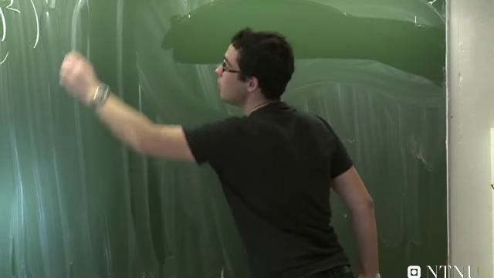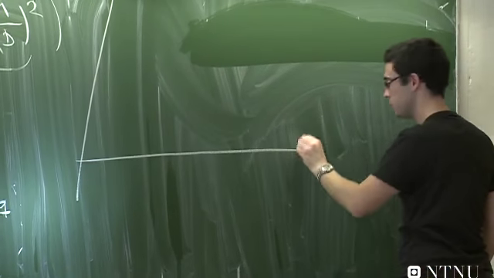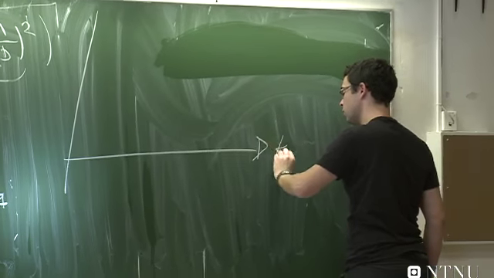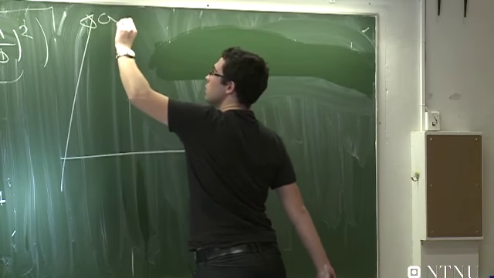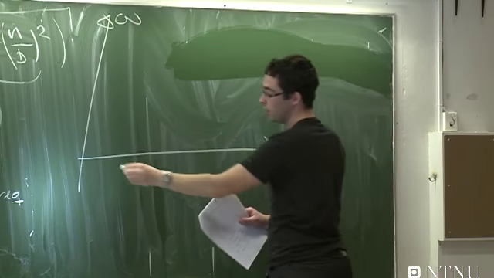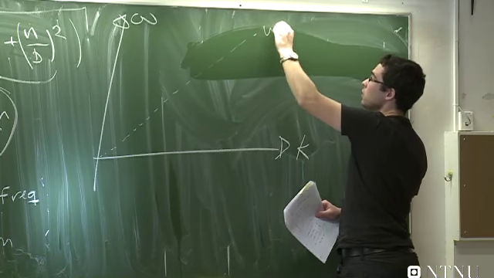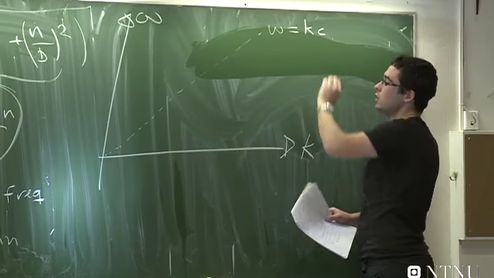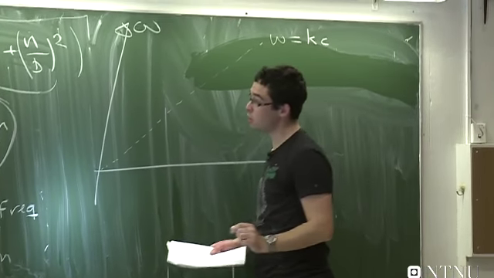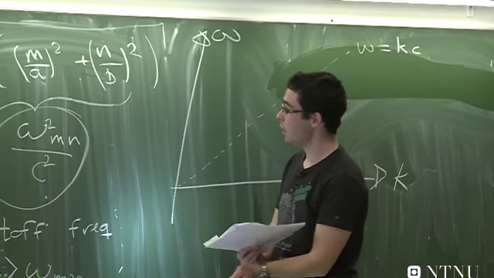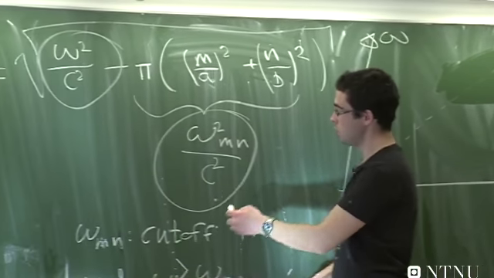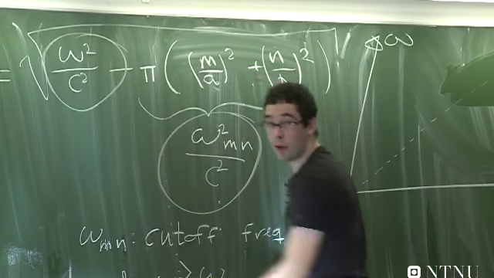If I plot this now, I will get the following. k and omega in the dispersion diagram. I will have the light line, which is omega equal to k times c. But here we see that if k goes to 0, this just means that omega mn is equal to omega.